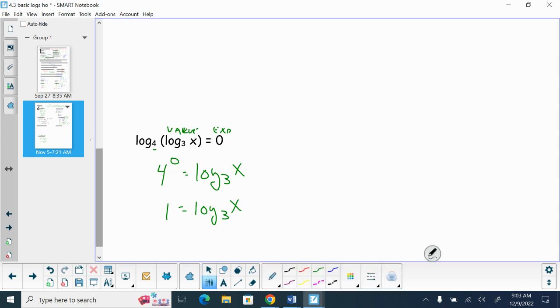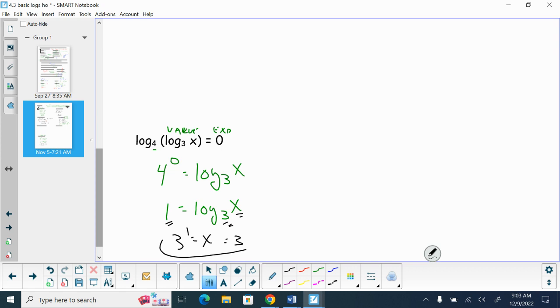So we should have 3 to the 1 is equal to x. I have a base, I have an exponent, I have my value. So x is equal to the value, 3.